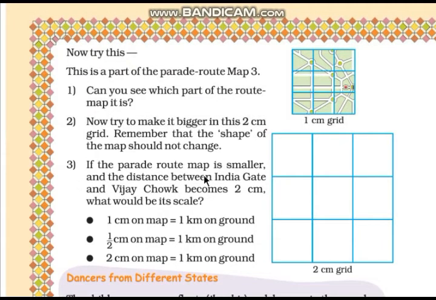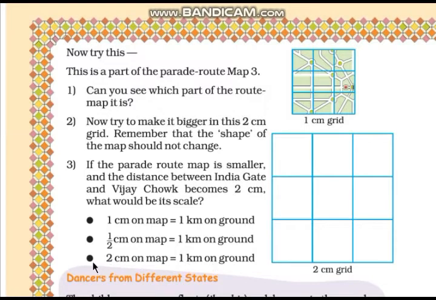Now question number 3. If the parade route map is smaller and the distance between India Gate and Vijay Chowk becomes 2 centimeter, what would be its scale? Options are 1 centimeter on map is equal to 1 kilometer on ground, half centimeter on map is equal to 1 kilometer on ground, and 2 centimeter on map is equal to 1 kilometer on ground.